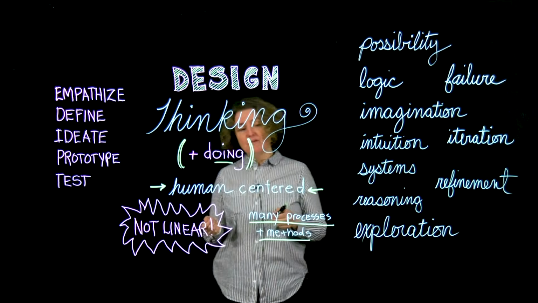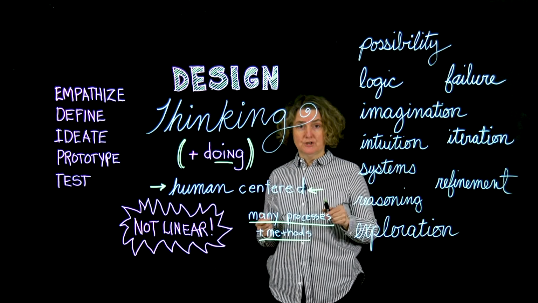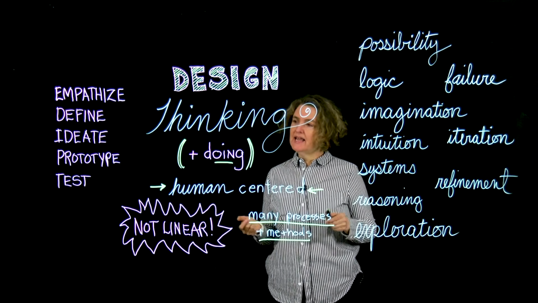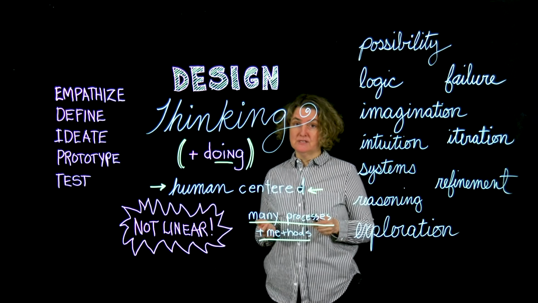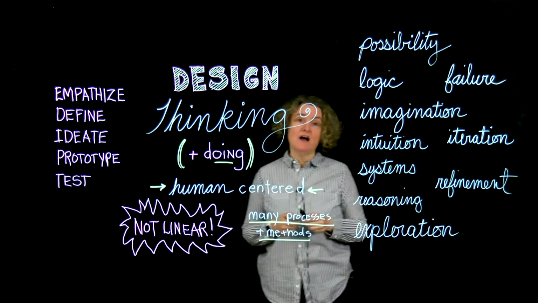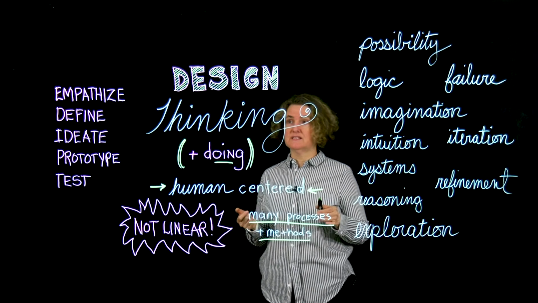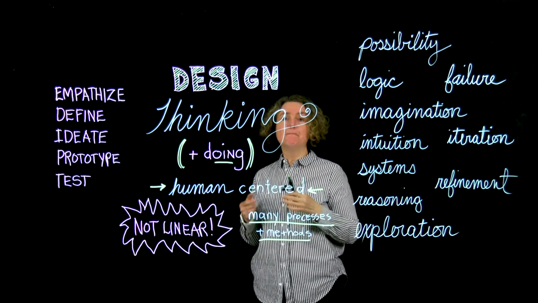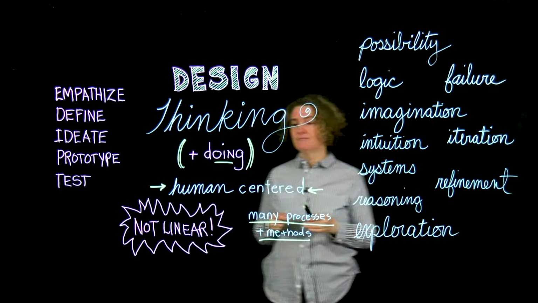So, to give you a quick overview, design thinking is a new term for actually old processes, decades old processes that designers have used in the creation of the visual and product world that we see around us. It's a great way of encapsulating the many different things that we do to create and innovate.